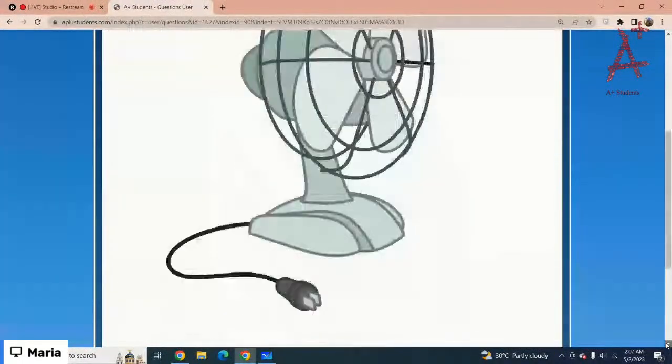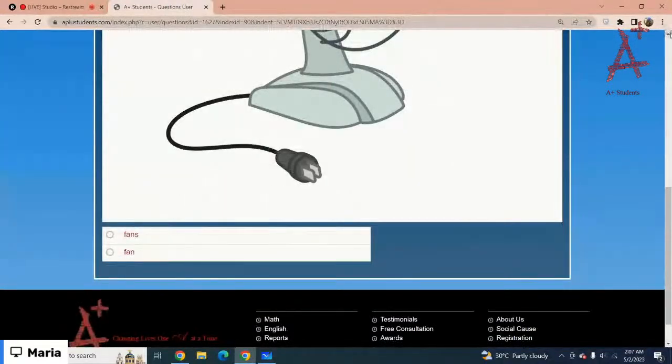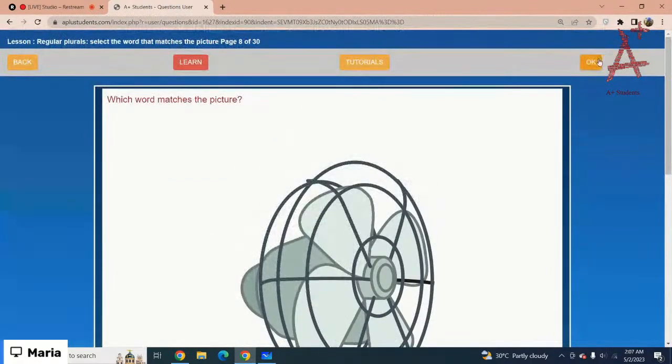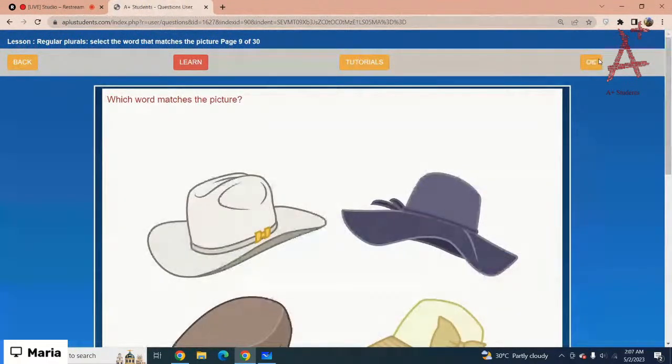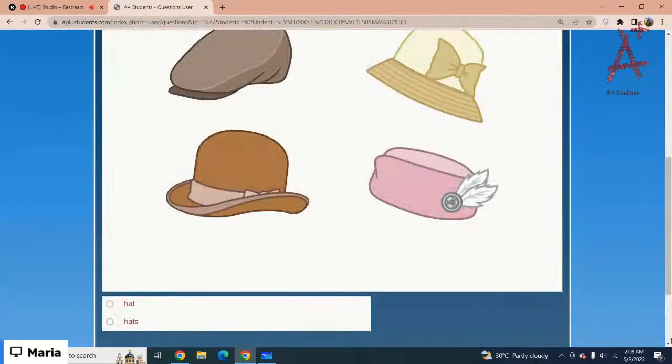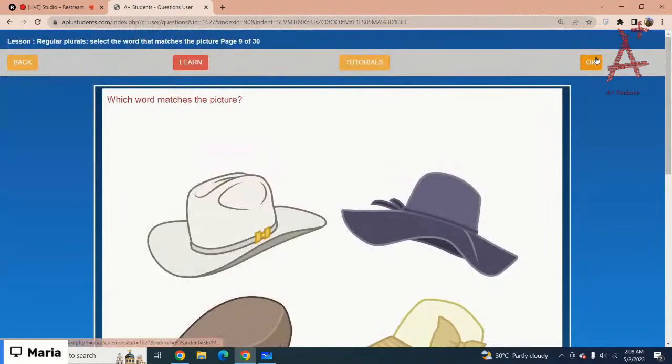Okay, which word matches the picture? Fans or fan? Fan it is, just one, so it is a fan. Which word matches the picture? Hat or hats? Hats, they are more than one, so they are hats.